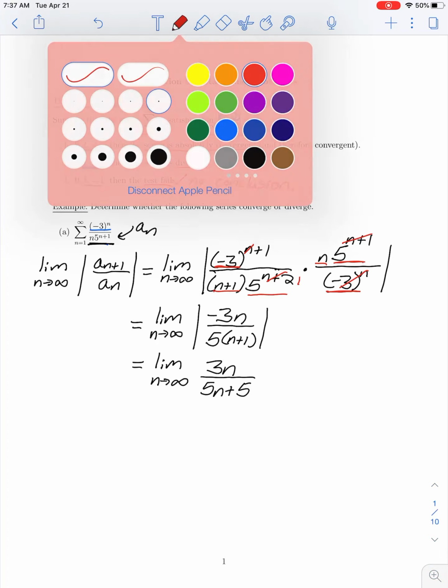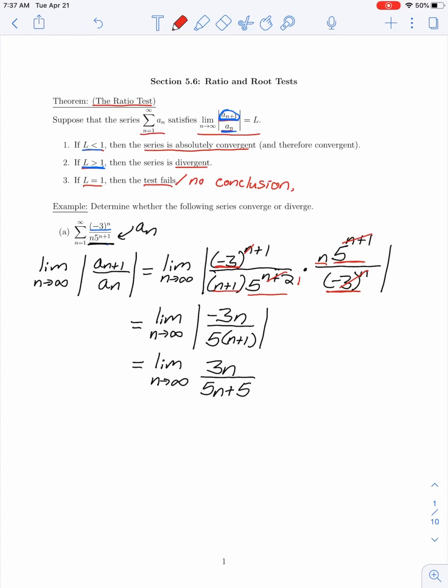And what we're left with is the infinite limit of a rational function where we have the same highest power of n on top and bottom. So recall that for these infinite limits of rational functions, where we have the same highest power, the limiting value is the ratio of those lead coefficients for the highest powers of n. In this case, 3/5.